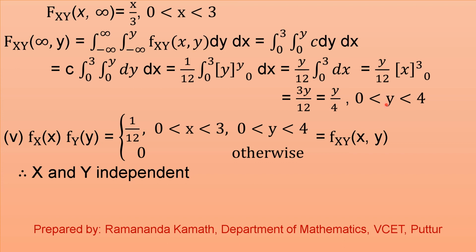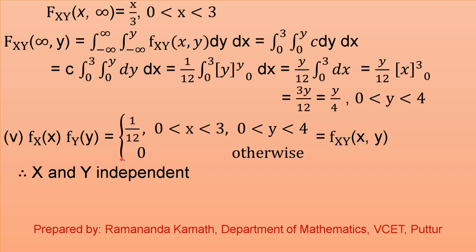For y values, no x comes in this. So for y values between 0 and 4. Last part, are x and y independent? Look at fx of x, the marginal probability density function of x calculated in the second part, and fy of y. If we multiply them, then for x greater than 0 less than 3 and y greater than 0 less than 4, it will be 1 by 12, same as c.